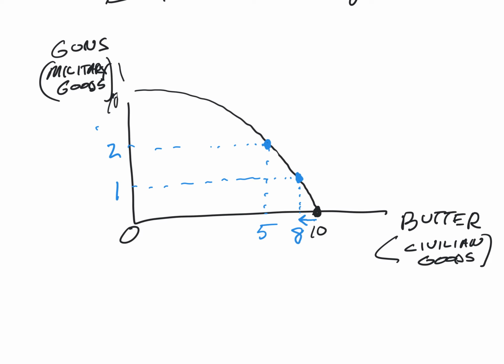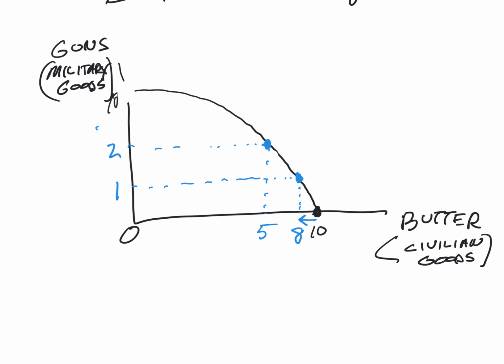Now, the next bit, as we go from 1 to 2, that second unit, see, we've already transferred our best resources for gun production and our least good resources for butter production. Now we have to transfer our next best resources for gun production.